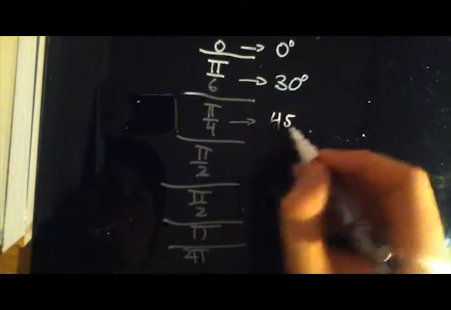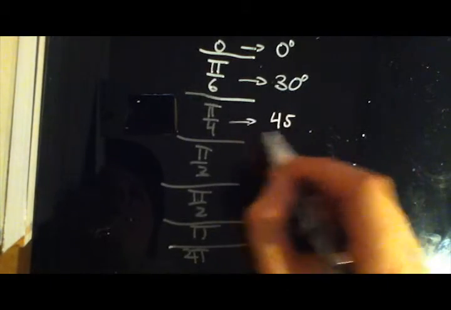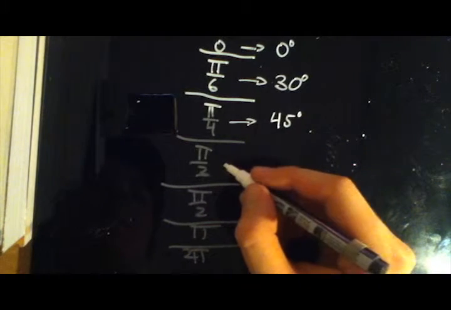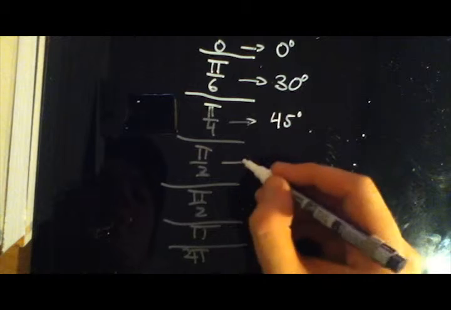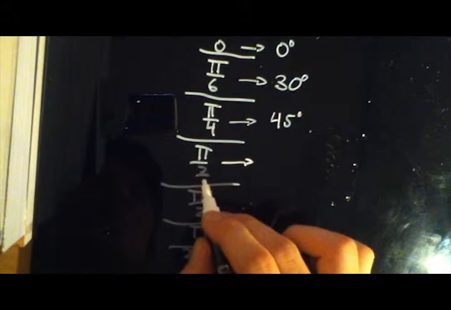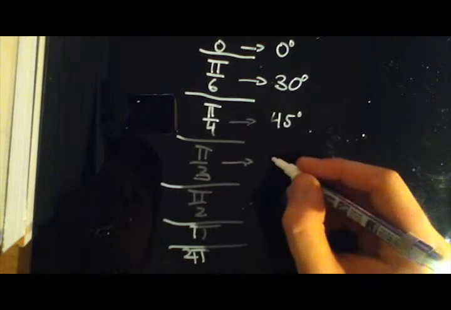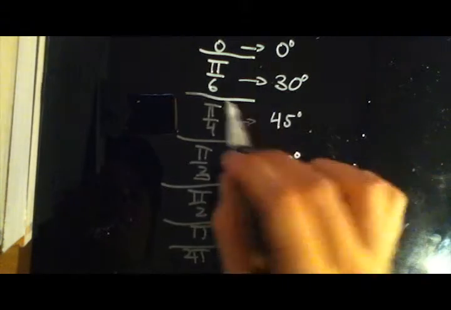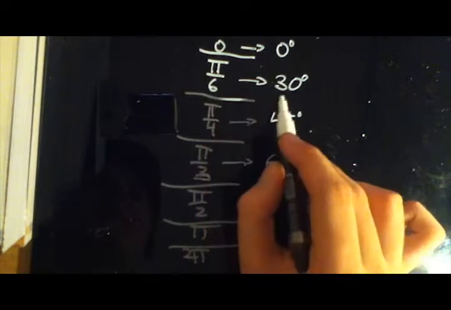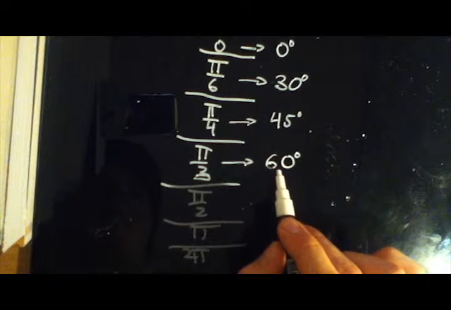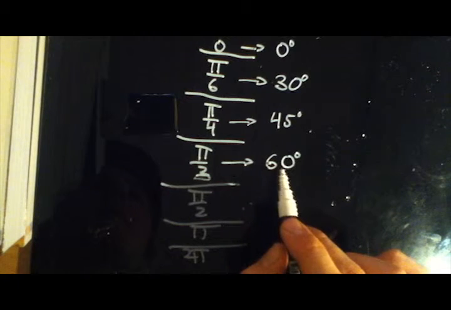So you can kind of envision the 4 being pi over 4, 45 degrees. Those are kind of the sweet angles we're talking about. And then pi over 3, 30? No, it's not 30. It's 60. So as you see here, when there's pi over 6, it's 30. When there's a pi over 3, it's 60. Just try to drill that in your head.